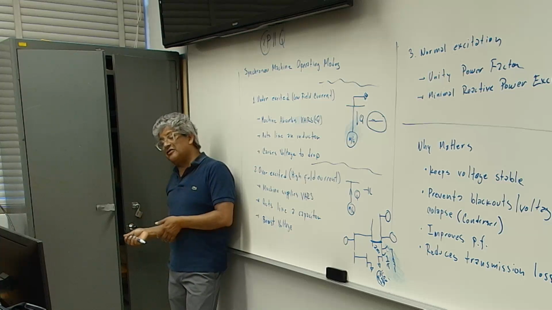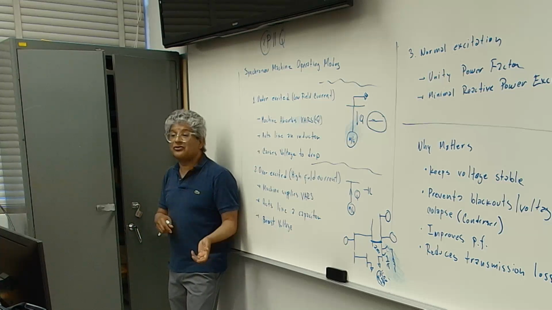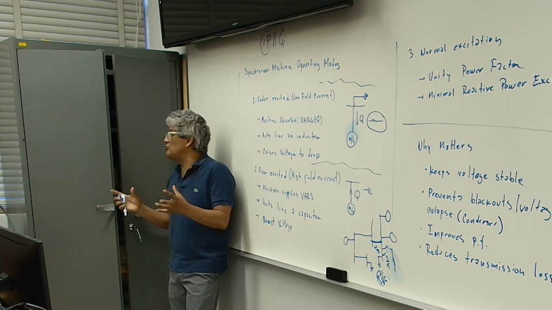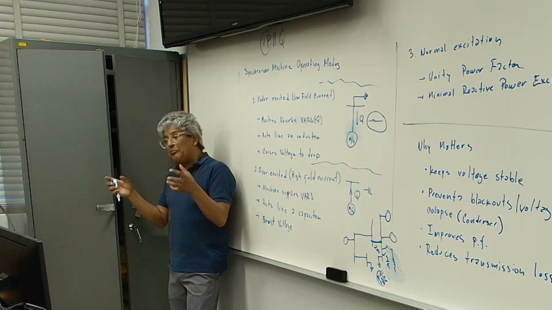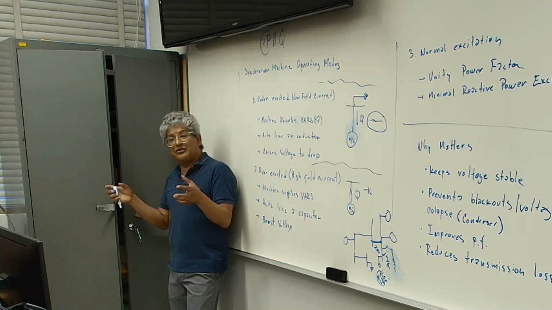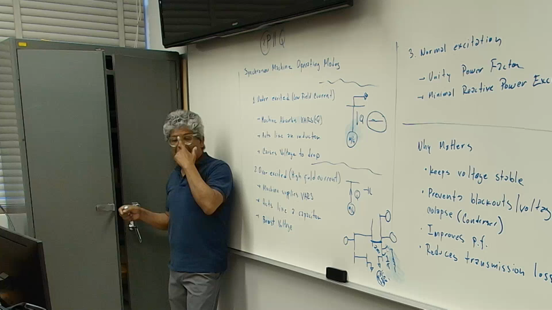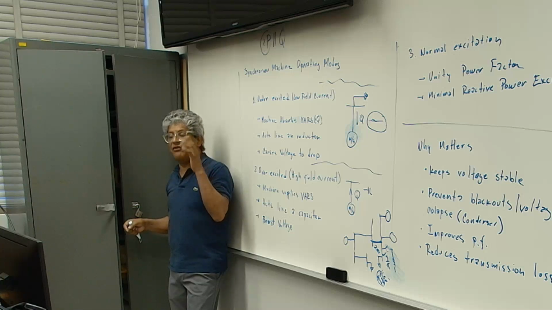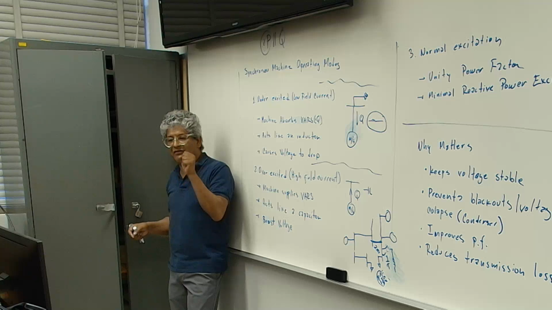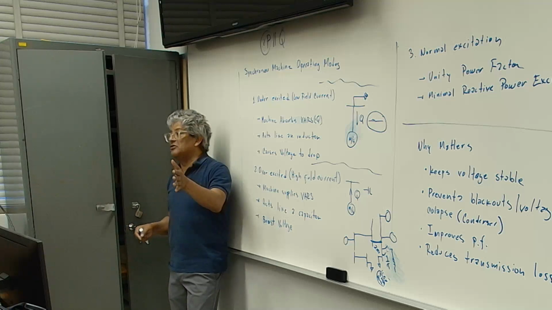You can use capacitors. You can use reactors to do the same thing, but then you need two devices. Plus, the challenge for capacitors and reactors is that if the capacitor is 10 megavars, it's rated for 10 megavars. You turn it on, you get 10 megavars.